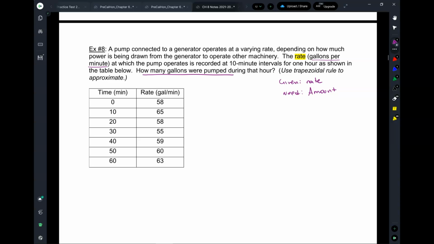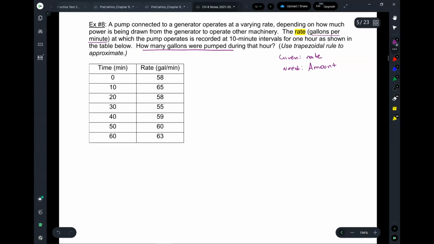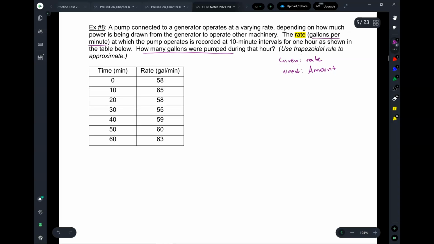Okay, yeah. So would you do integral from 0 to 10 and then integral of, and then you would add 58 plus? Right, so we don't even need to write an integral because we don't have a function to put it into. But we're just going to do the trapezoidal rule, right? Notice these are all 10-minute intervals and they're evenly spaced.